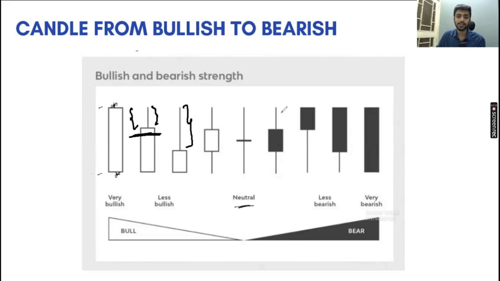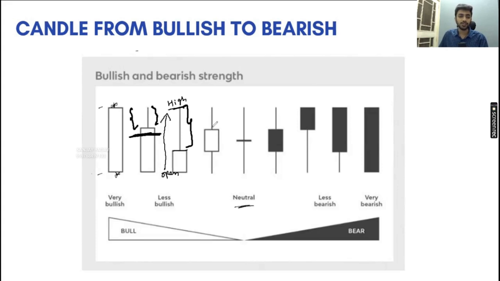A long wick on the upside is simply telling you that the open was actually very bullish. This would have been the open, this would have been the high. The entire day there was a lot of bullish sentiment that shot up the price. It finally touched this high, but some sellers were waiting for this price to come so they could sell their shares, which dragged down the price. Compared to the previous one, it doesn't close in the upper half. It closed very low. So this is comparatively less bullish.